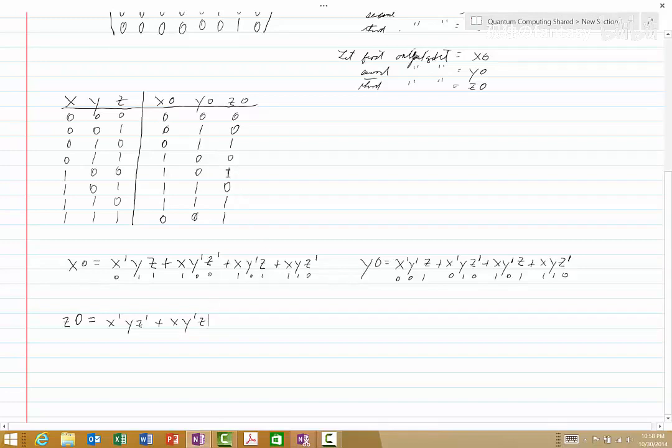That takes care of this one. For this one down here, we will have x, y, z prime. And then for this final one in the z0 column, we have x, y, z. And so we have 0, 1, 0, 1, 0, 0, 1, 1, 0, 1, 1, 1.